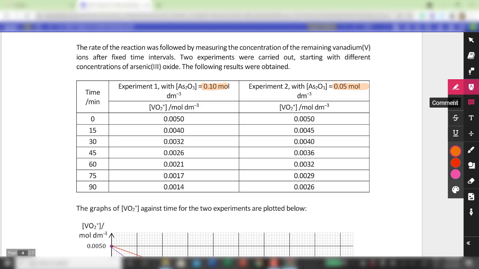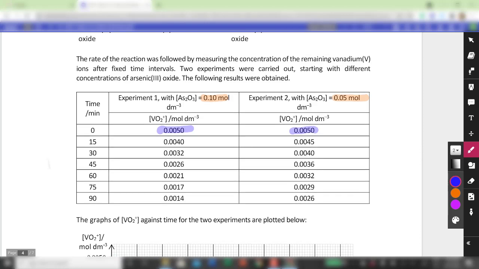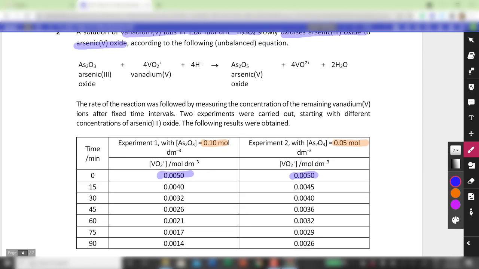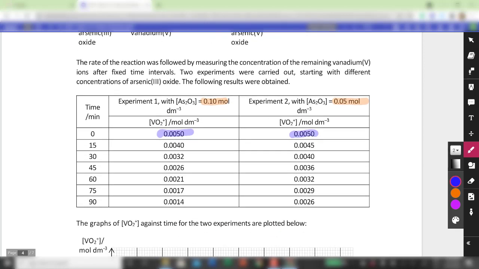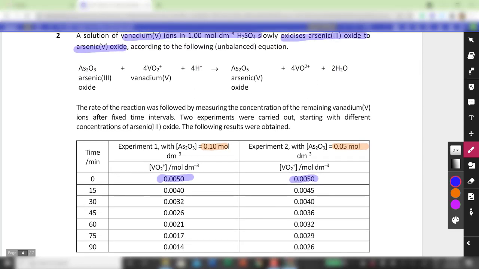They are more than 10 times greater in excess in terms of concentration as compared to that of vanadium 5 oxide. And I guess most of you should be quite experienced with kinetics now. You know that they are doing that because they want the whole system to be pseudo nth order with respect to VO2 plus.